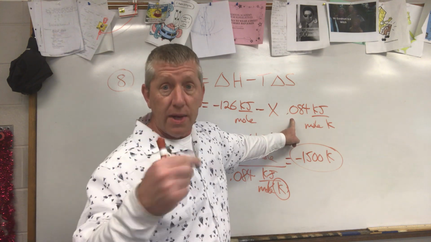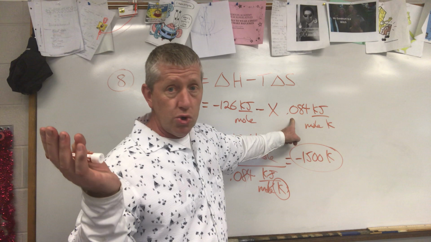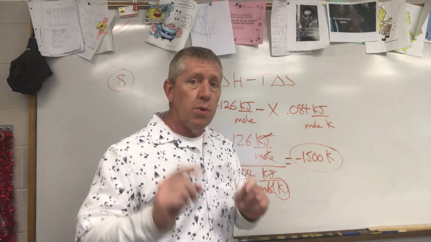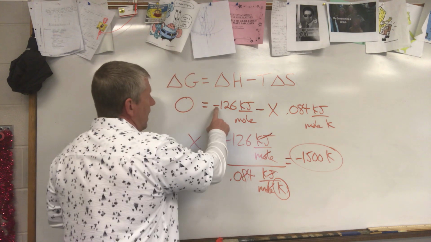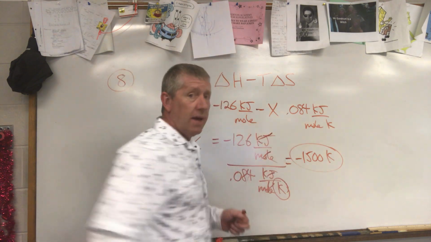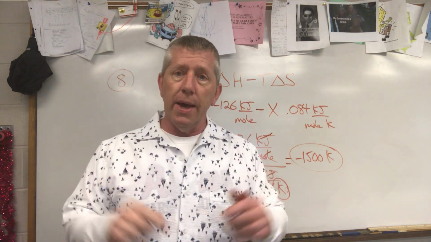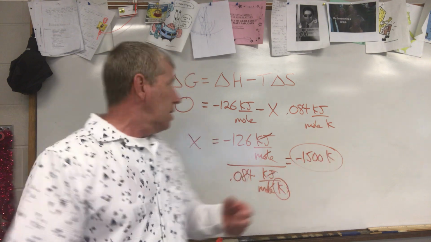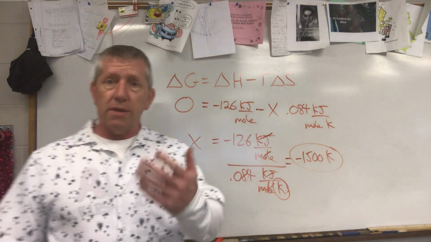Positive delta S, an increase of entropy, vast majority of the time is spontaneous. We've combined two often-spontaneous indicators to give you a doubly, absolutely spontaneous, all-the-time delta G.